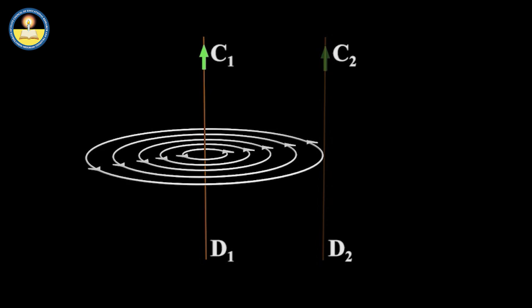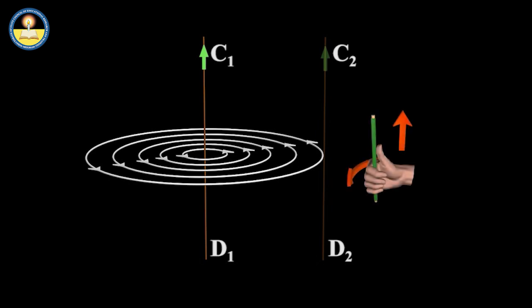Let us consider two long straight conductors, C1D1 and C2D2, held parallel to each other, carrying current in the same direction. We know that the magnetic field is produced due to current through each conductor.